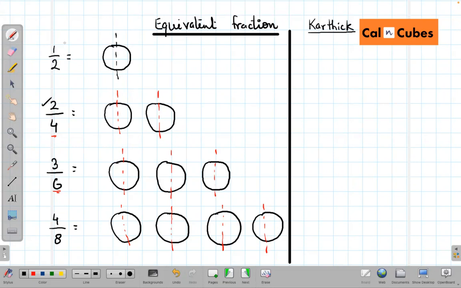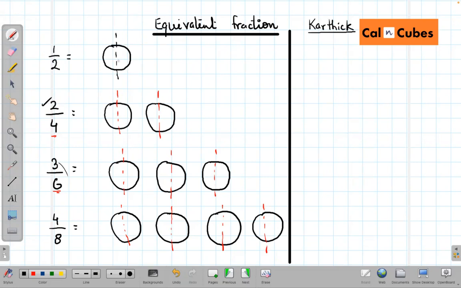If you look at the fractions 1 upon 2, 2 upon 4, 3 upon 6, 4 upon 8, every fraction is different, and every diagram is also different. But let's imagine Karthik is one person, present everywhere.